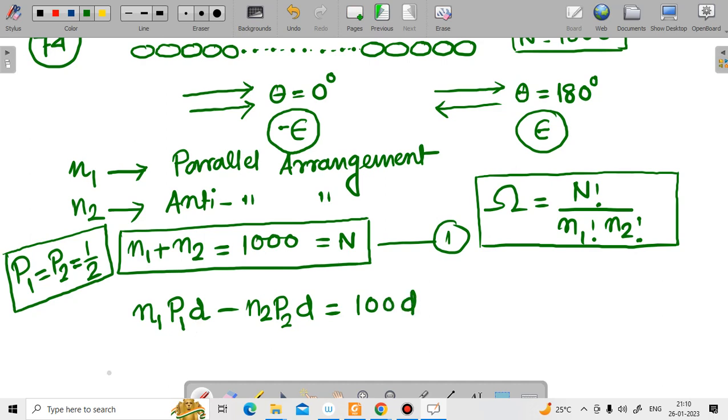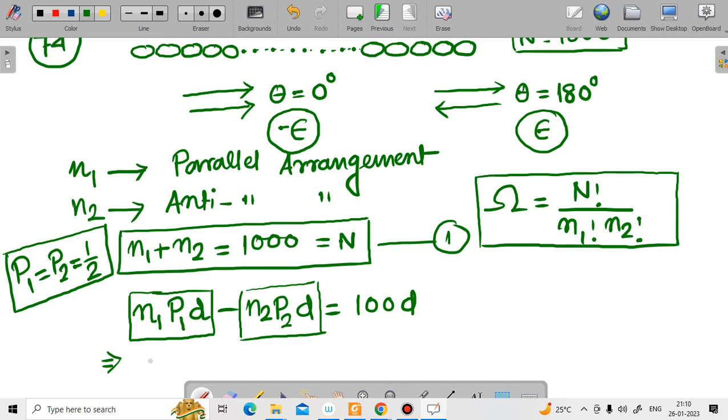So how do you get it? Because n1 p1 d, what is this? This is the length of the links which are in parallel arrangement, and this is the length of the links which are anti-parallel. So the total length will be parallel minus anti-parallel.